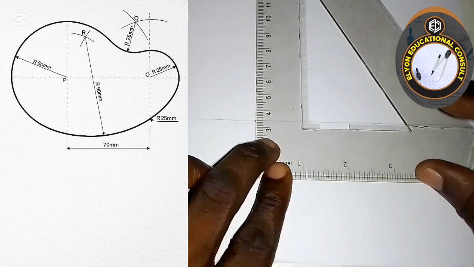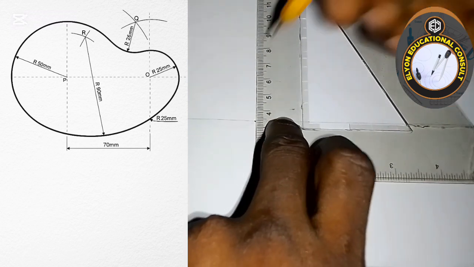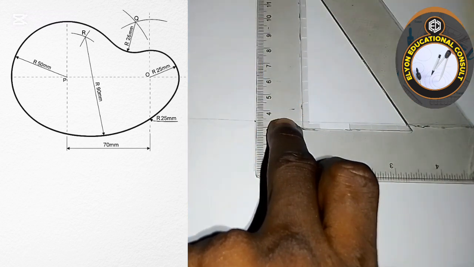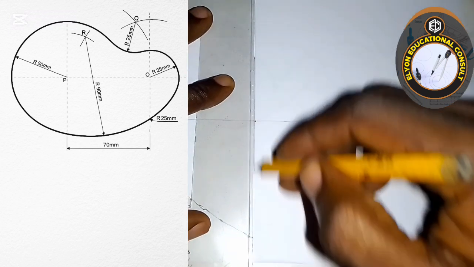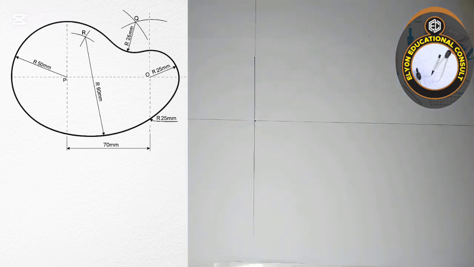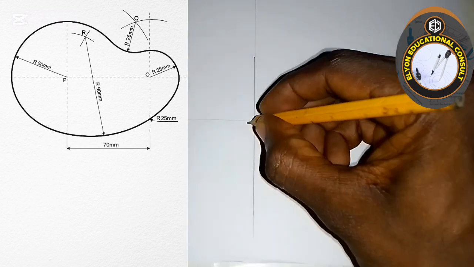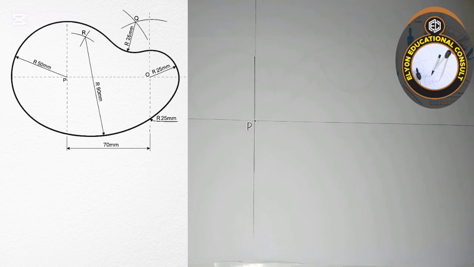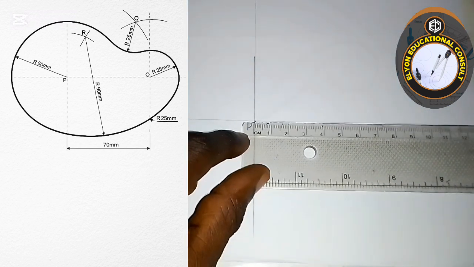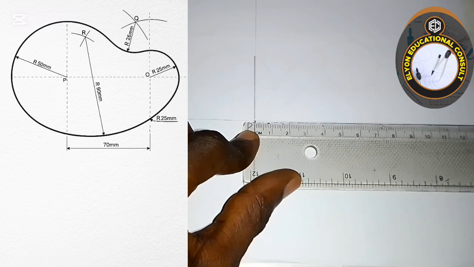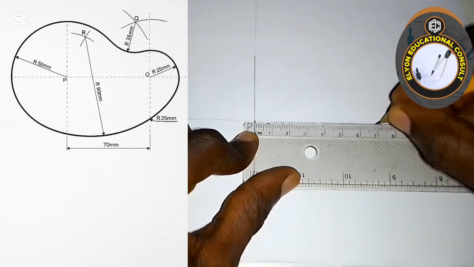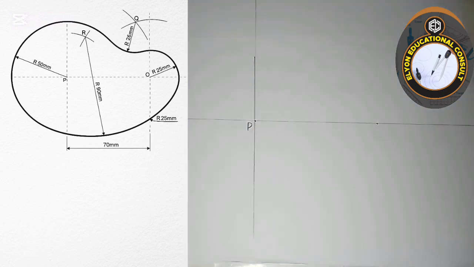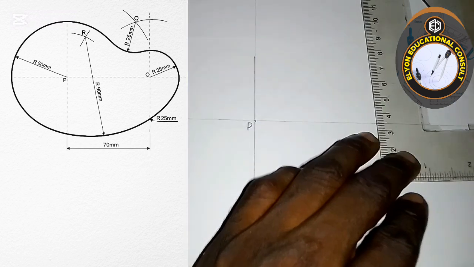So I will draw a vertical line this way. Let's give that point P. The circle centers are 7 centimeters from each other.